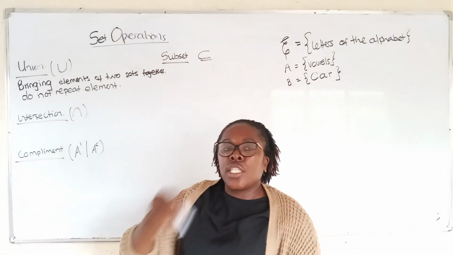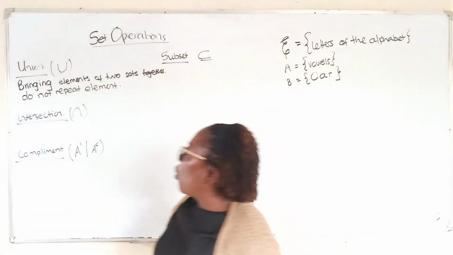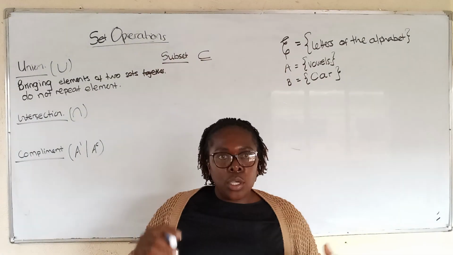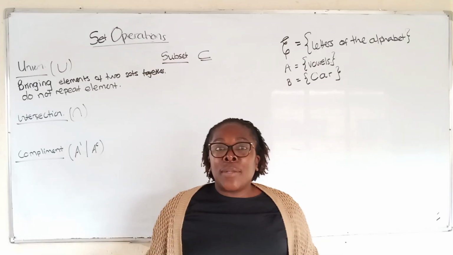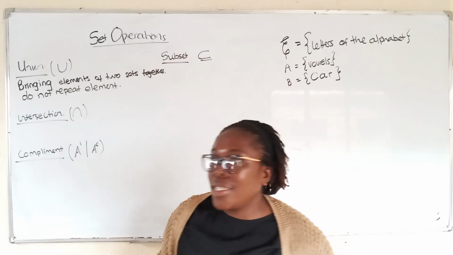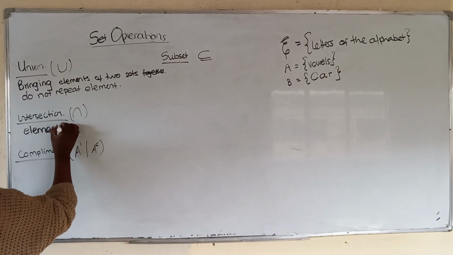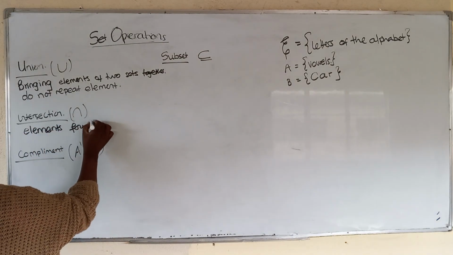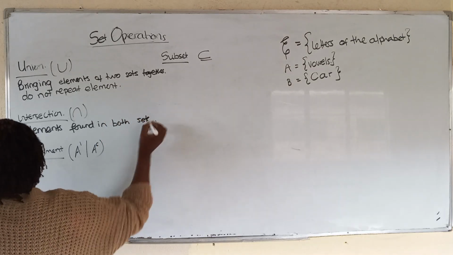The union is denoted by a cup and the intersection is denoted by a cap. When you are talking about the intersection of two sets, you are looking for those elements that are found in both sets.